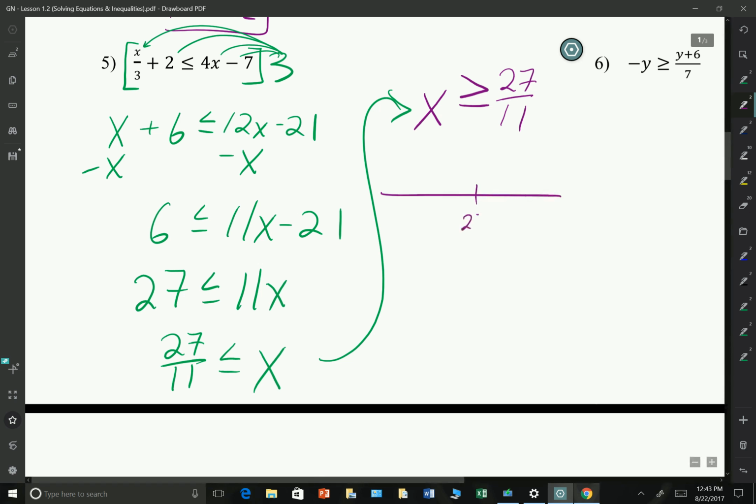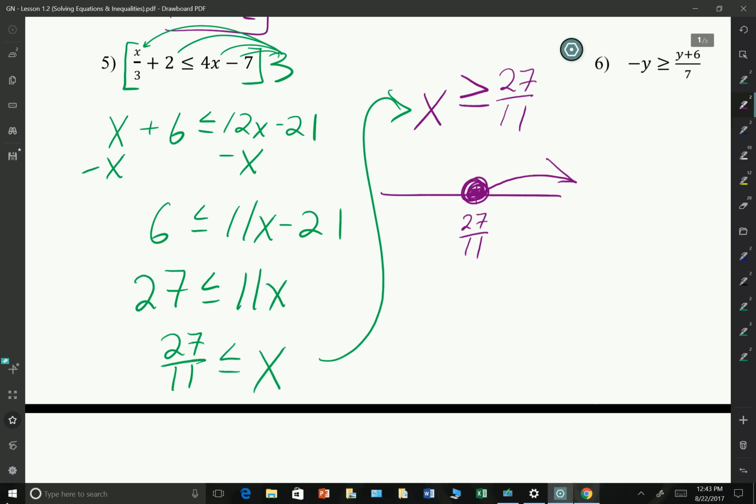So 27 11ths, is it an open or closed circle? Closed, greater than or equal to, left or right? Please say right. And there you go. It's not bad. If you don't like fractions, get rid of them. Distribute, combine like terms, solve.